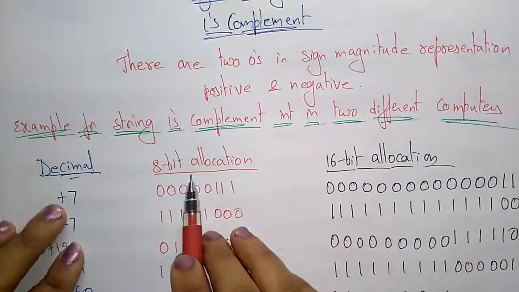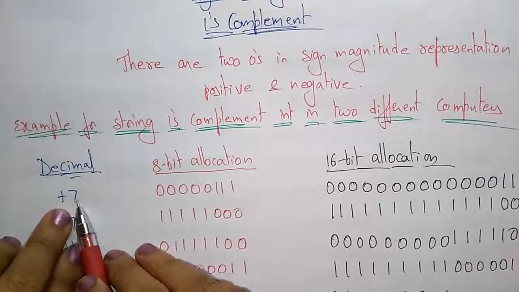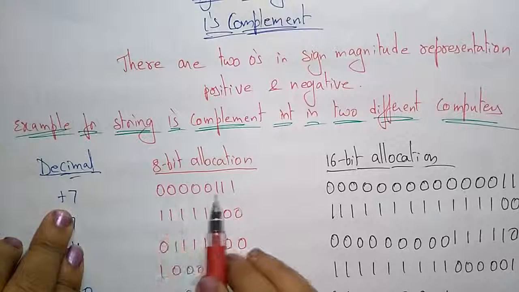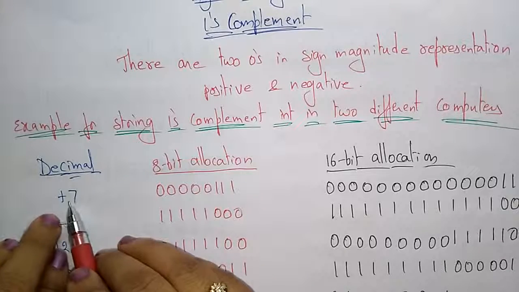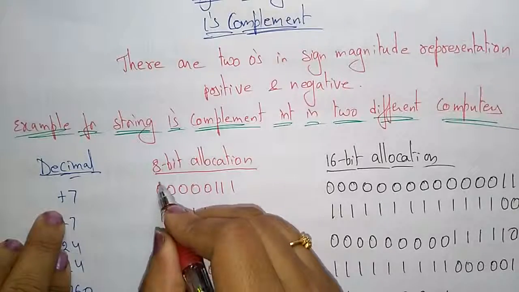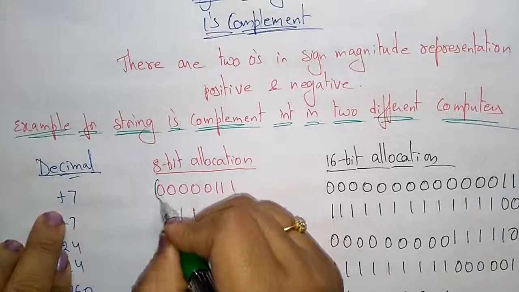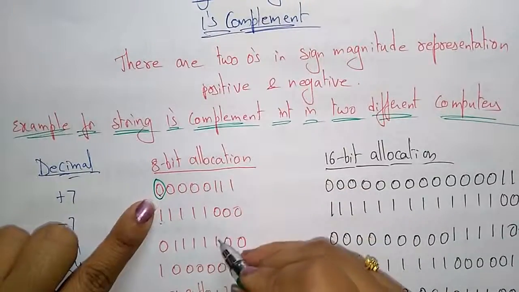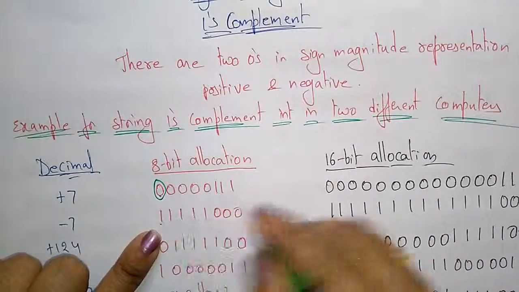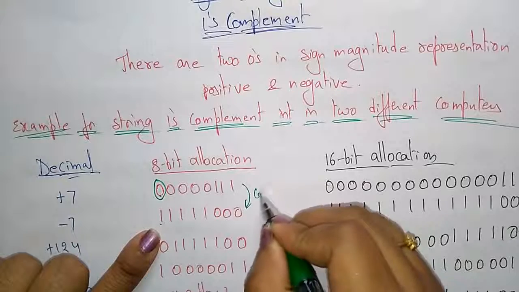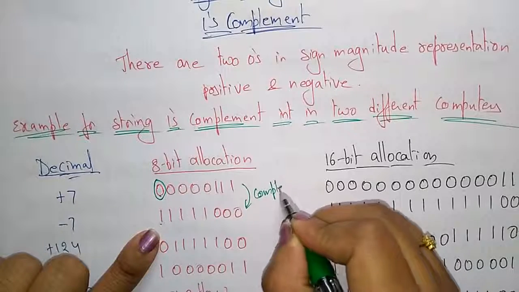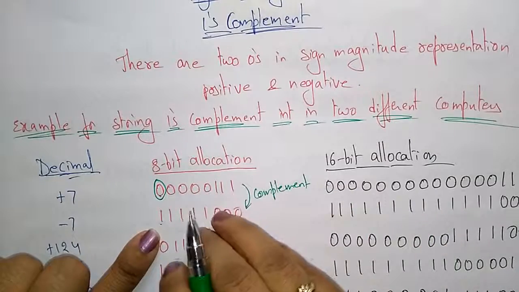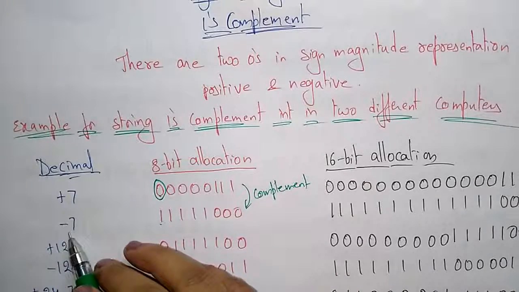In the 8-bit memory location, to convert the decimal number 7, you have to represent it like this. Here it is plus, so the most significant bit is 0. For minus, you just complement, that is, reverse the bits, because this is negative.